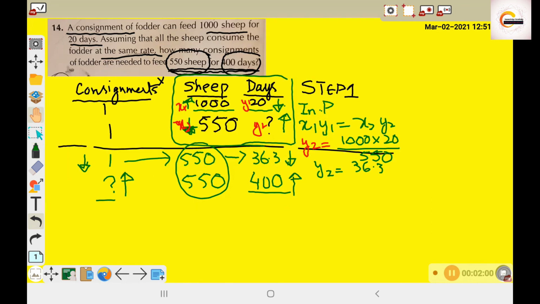So what relationship is this? Here one variable is increasing with the other variable and decreasing with the other variable.